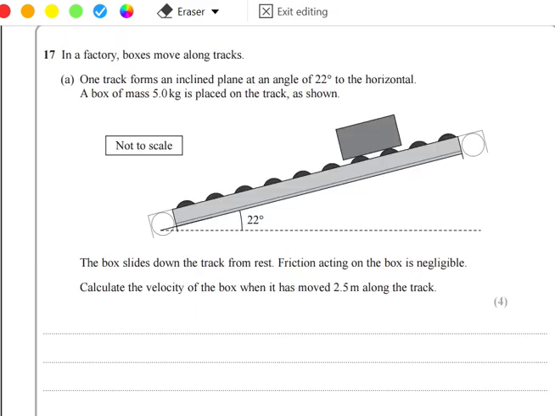The kinetic energy acquired by the box will equal the change in gravitational potential energy. So we can eliminate m from both sides.